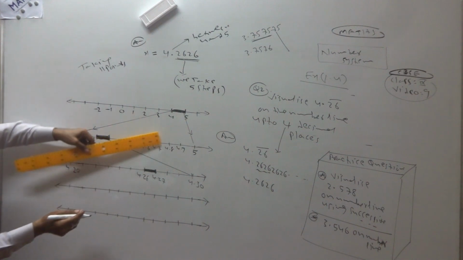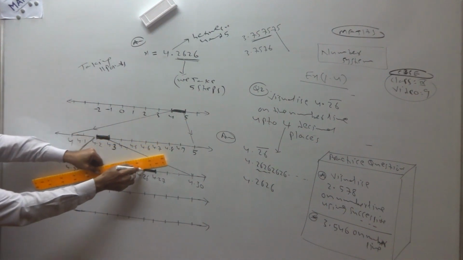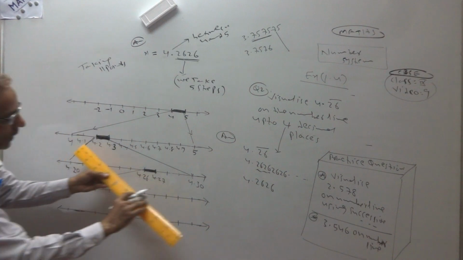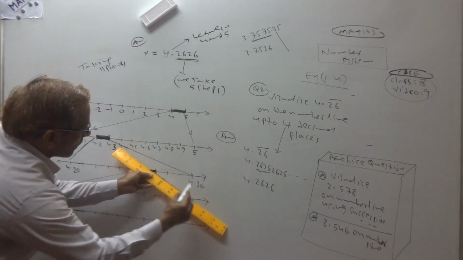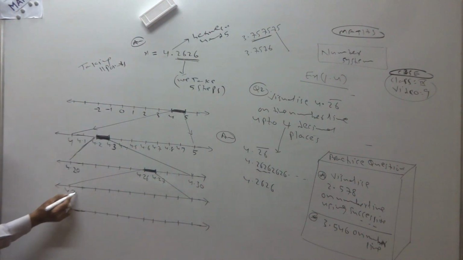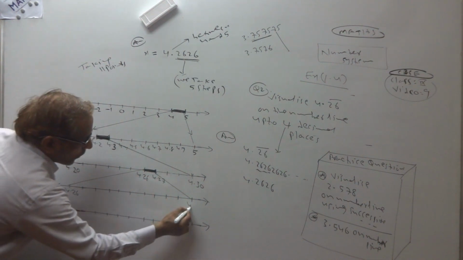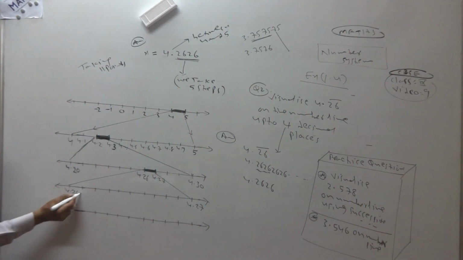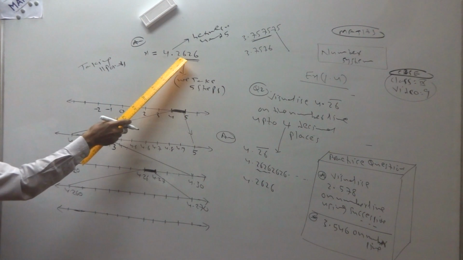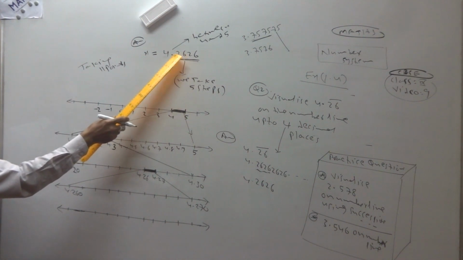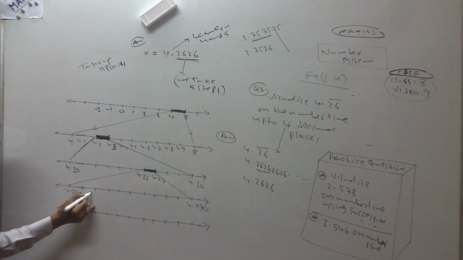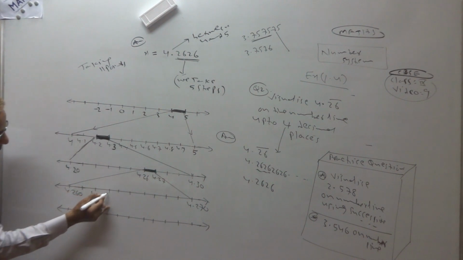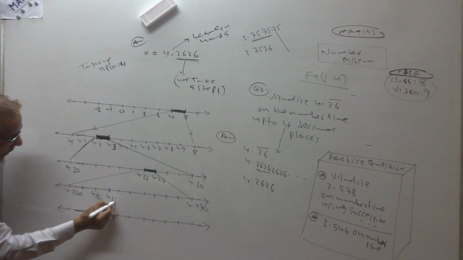Now you take here 4.26 and here 4.27. Yes, this is 4.26, this is 4.27. Add 0, add 0. 260. I need what? 262. So after 260, 261, 262, 263.